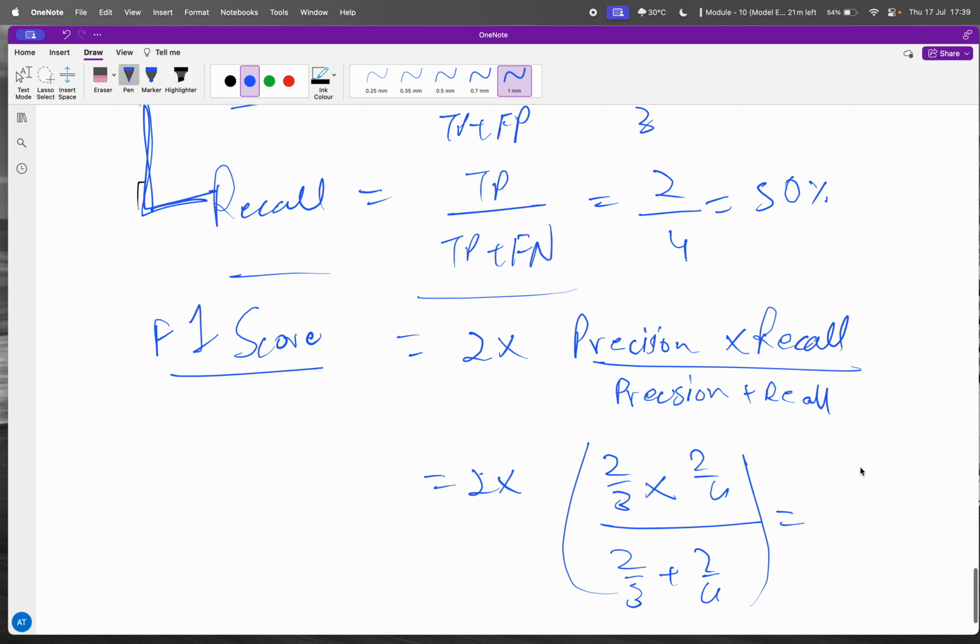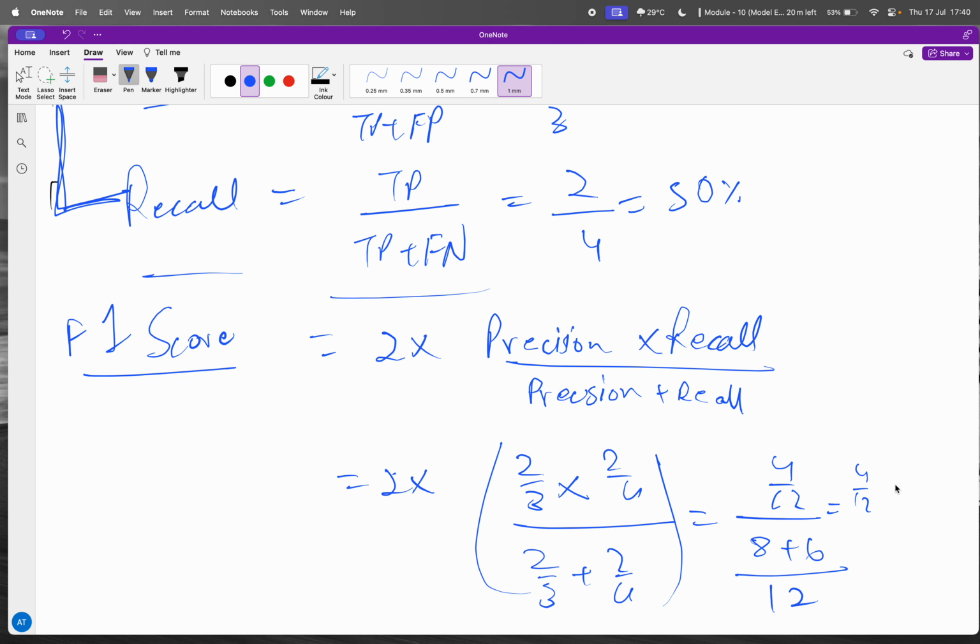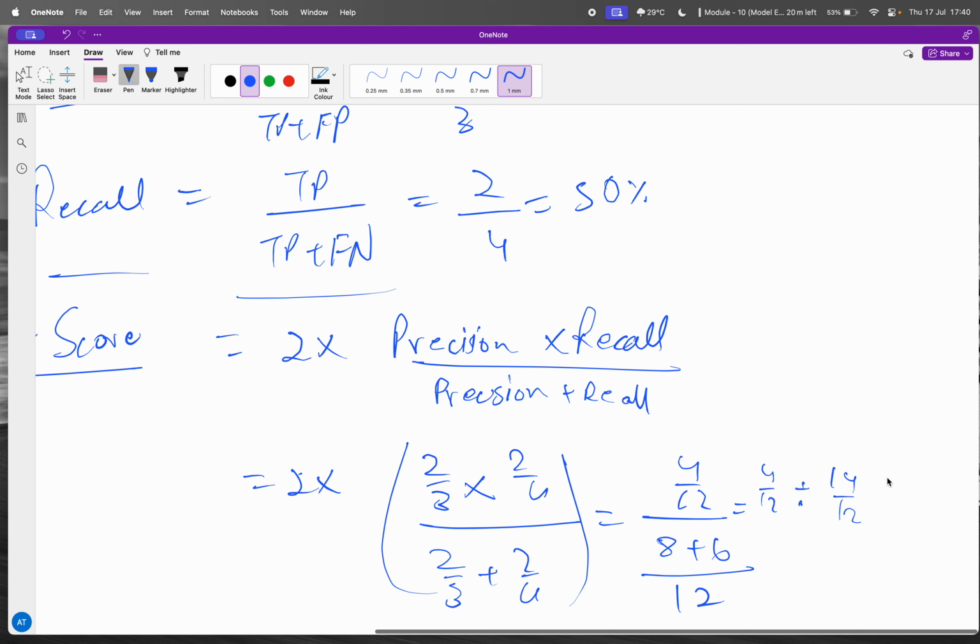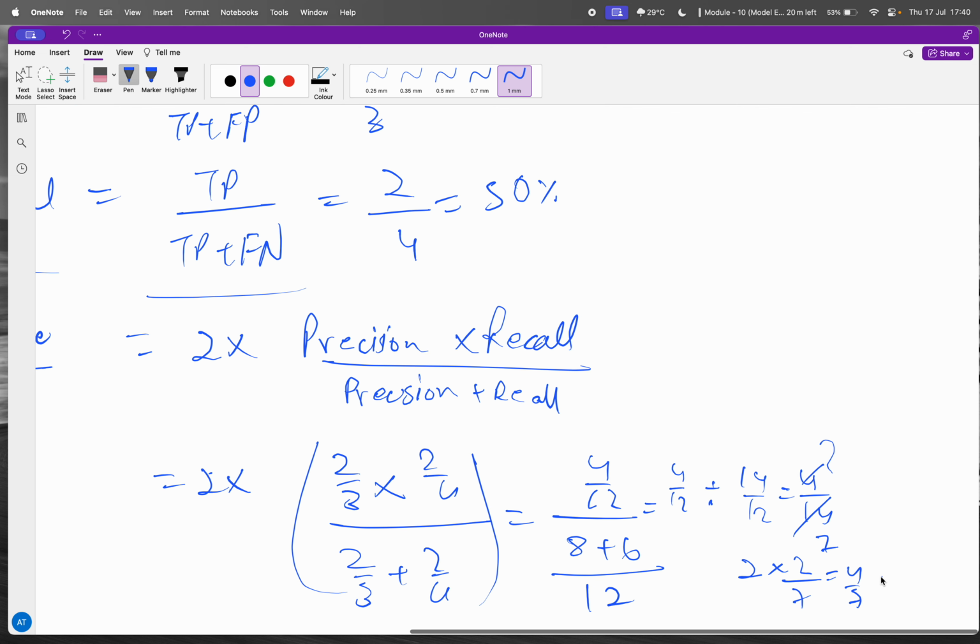Till then I'll also solve. 4 by 12 divided by 8 plus 6 over 12, that is 14 by 12. That means 4 by 14, which is 2 by 7. 2 into 2 by 7 is 4 by 7. That will be nearby 0.5.